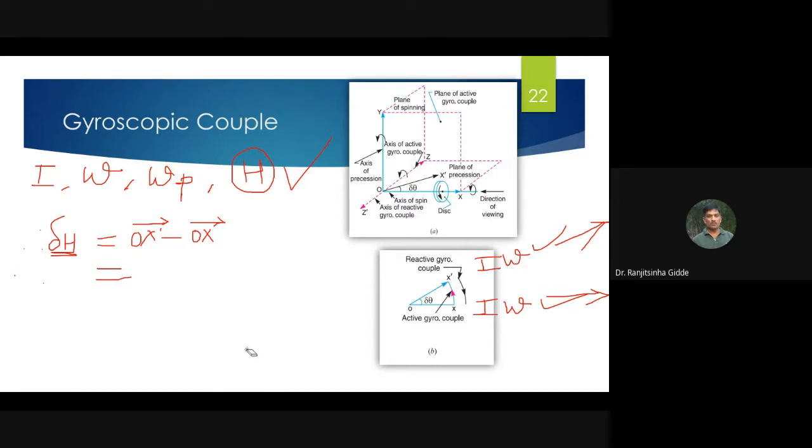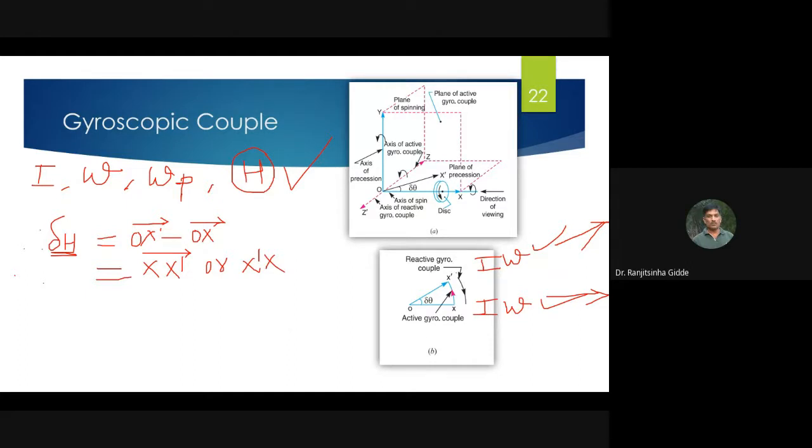Next line you can write is equal to, here you can write x prime, or we can write here x prime x.